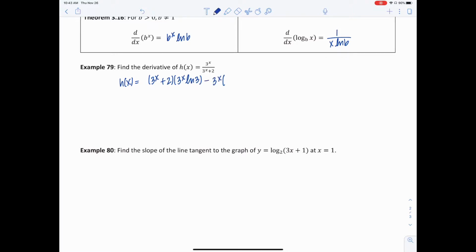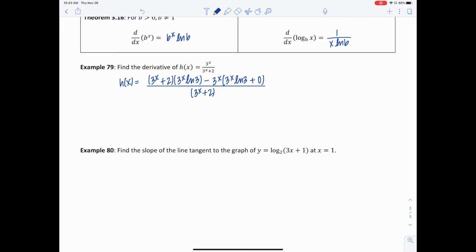So again, we have that 3 to the x, which we just said the derivative is this. And it's plus 0 because the derivative of 2 is 0. The derivative of a constant is 0, all over the bottom squared.